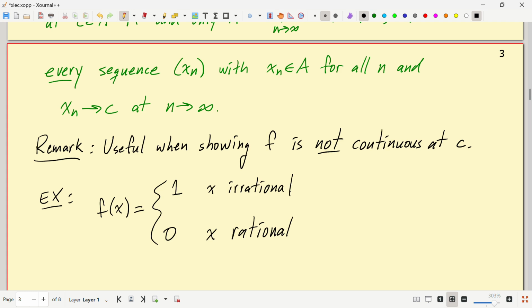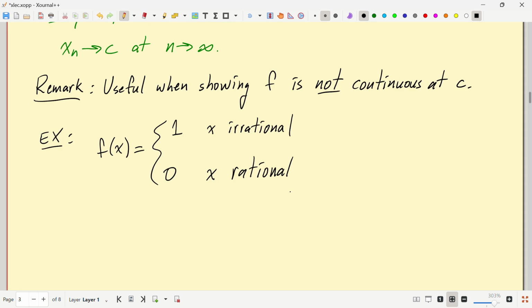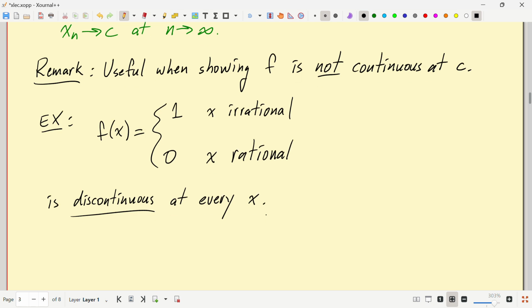But this function is discontinuous everywhere, at every point, rational or irrational. And you can see that by cooking up sequences.